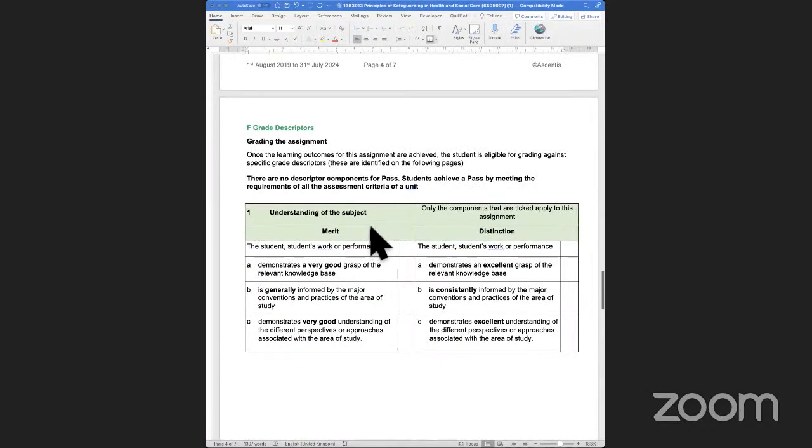Now, there are some generic grade descriptors given. These grade descriptors are primarily for merit and distinction because you have to pass the unit. So for higher order grades like merit and distinction, it clearly says you demonstrate a very good grasp of relevant knowledge base. That means you have very good knowledge of safeguarding principles, why safeguarding is required, how it is implemented, what is the role of local, regional, and national authorities in terms of acts and legislation.